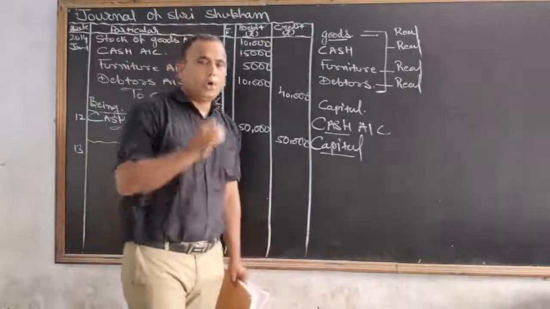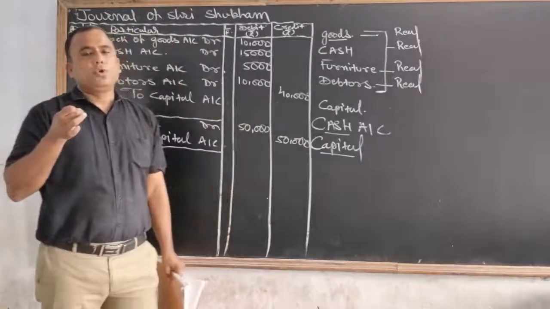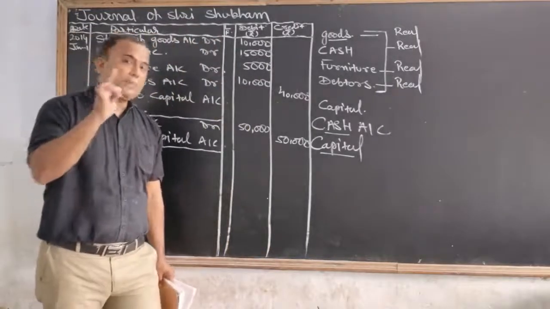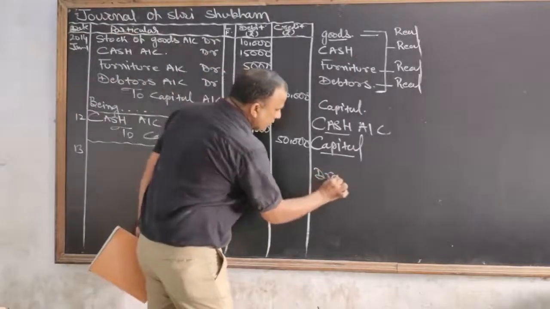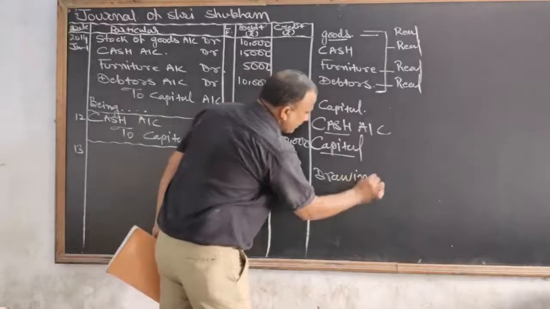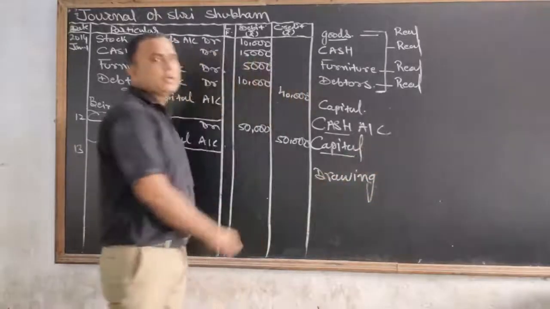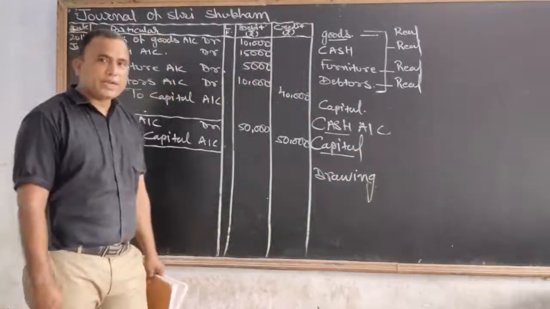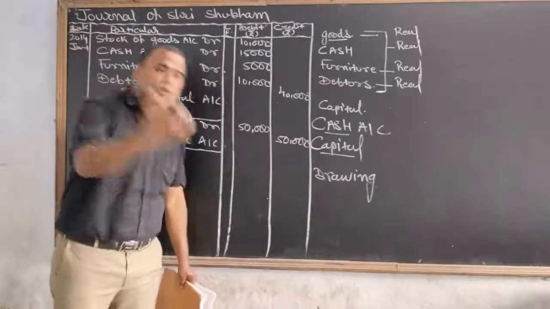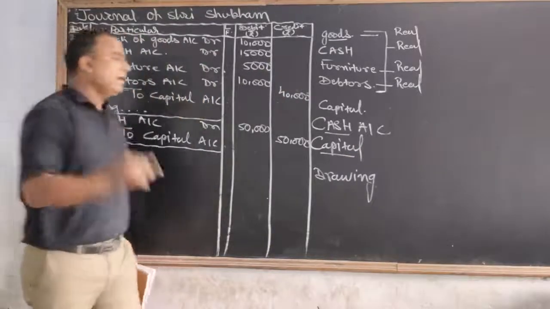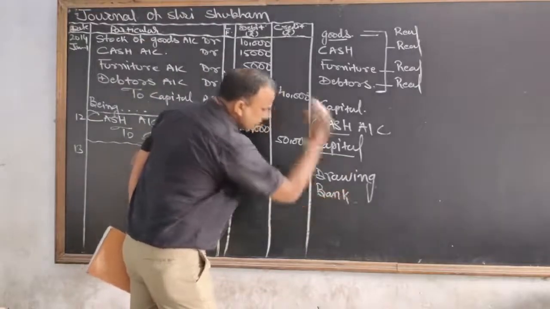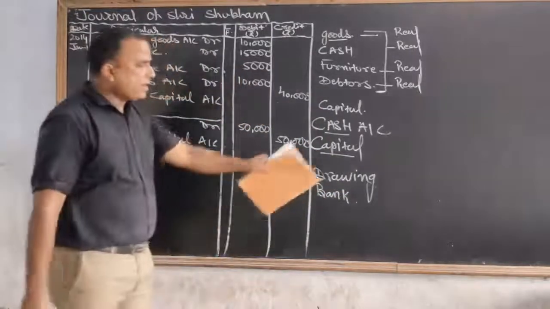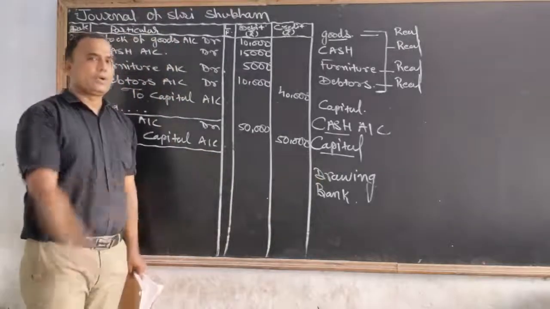First one, the owner withdrew rupees 1,000 for personal use. That's why if it is personal use, the drawing account is affected. And this amount was withdrawn from the bank, that's why the bank account is affected. Drawing account affected and bank account affected.